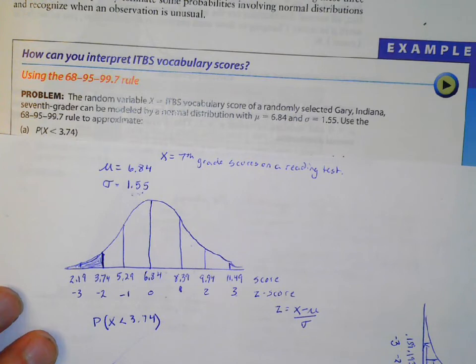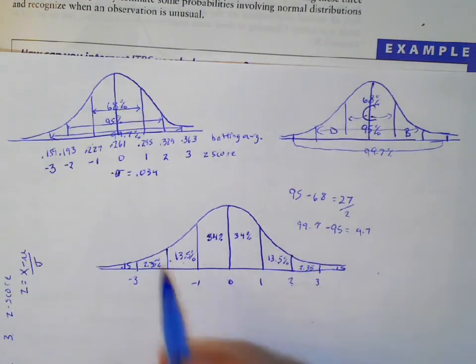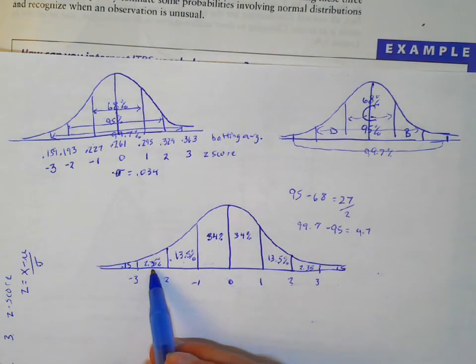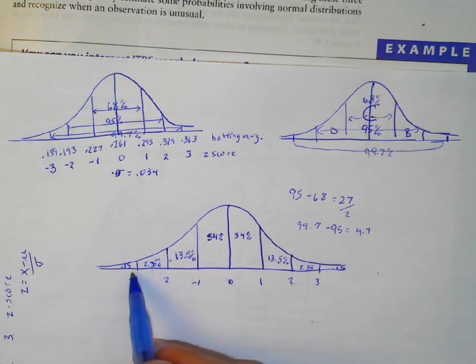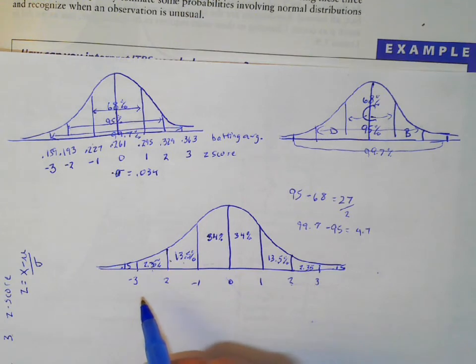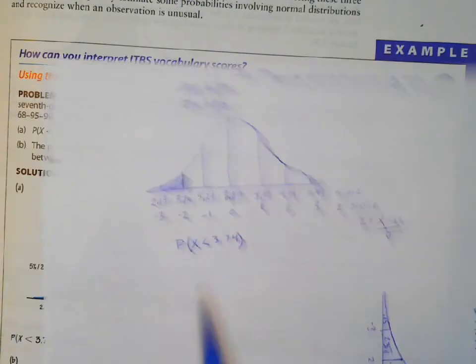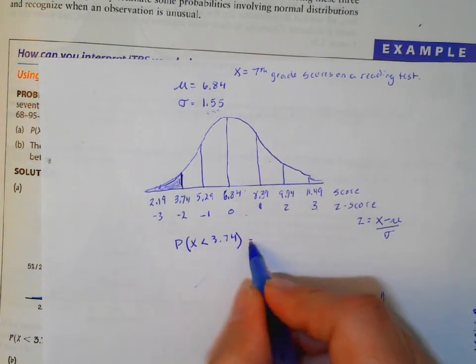We had said that it is 2.35, 2 standard deviations and 0.15. So if I take the 2.35 and add it to the 0.15, this area right here is 2.5%.